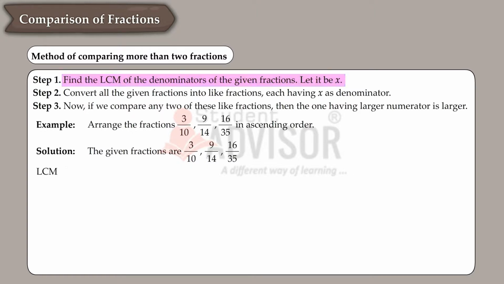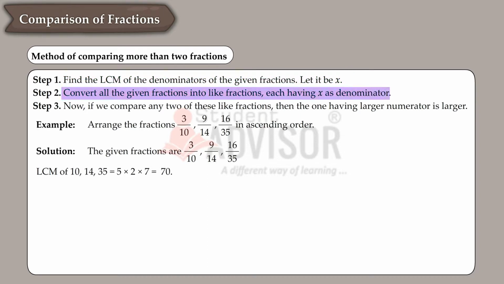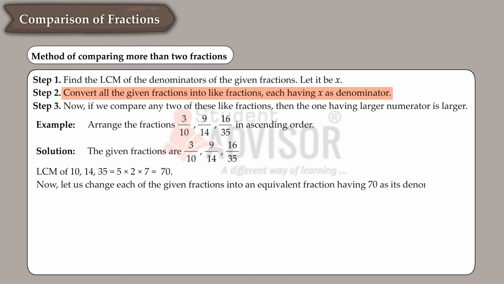LCM of 10, 14, 35 is equal to 5 multiplied by 2 multiplied by 7, which is equal to 70. Now, let us change each of the given fractions into an equivalent fraction having 70 as its denominator.